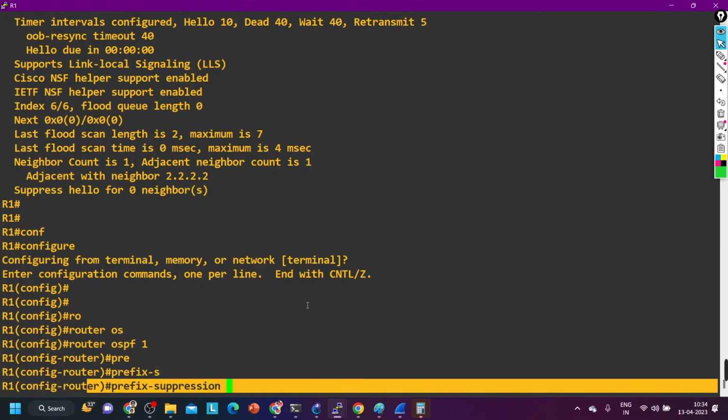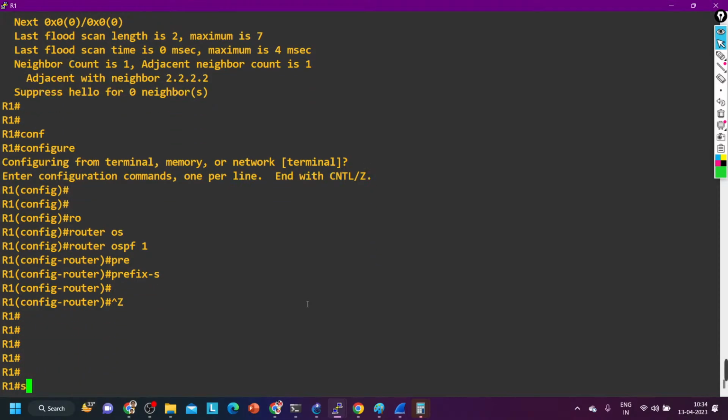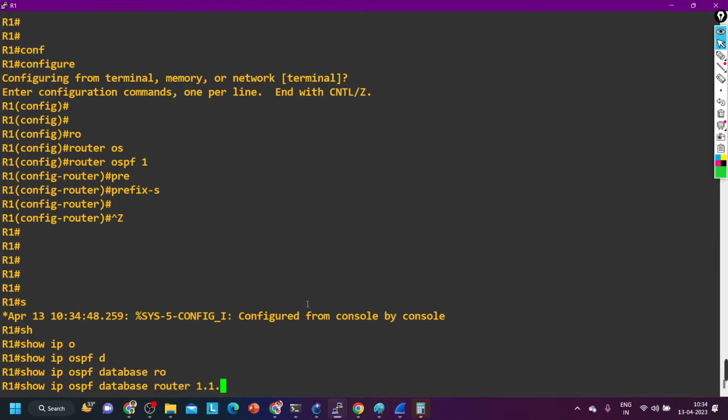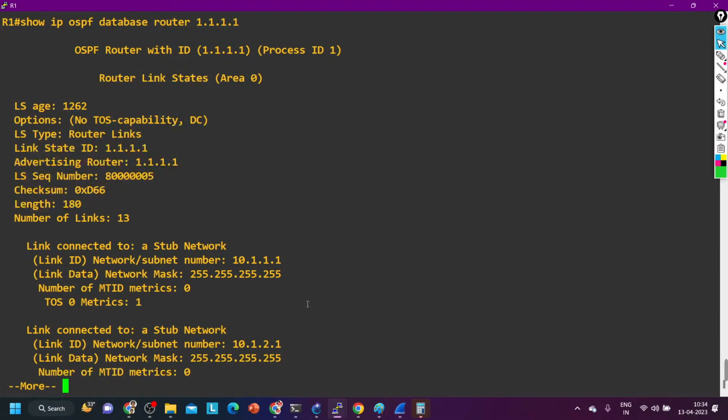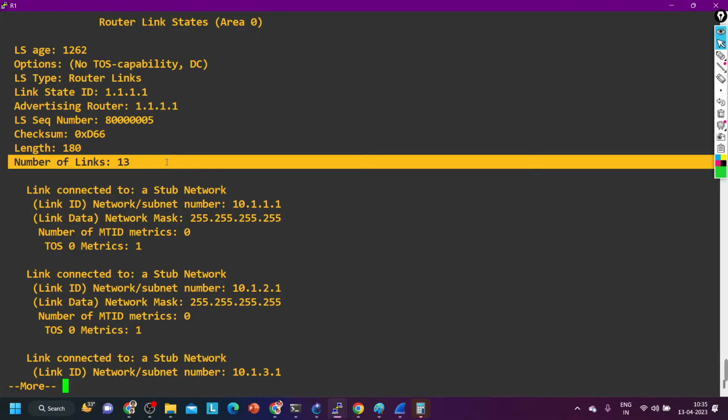Now if you check LSA 1 of this router, show IP OSPF database router 1.1.1.1, how many links are there guys? 13. Total number of links is 13 in the LSA 1 of router 1.